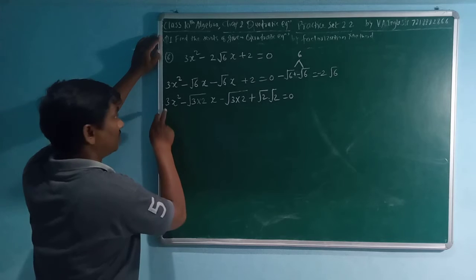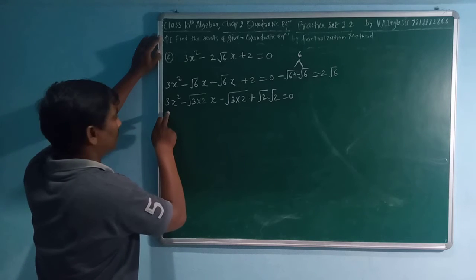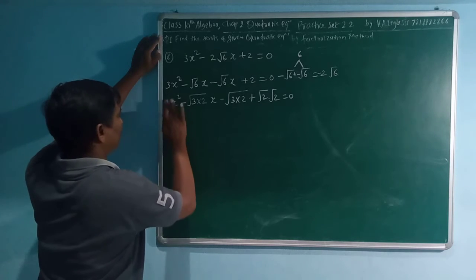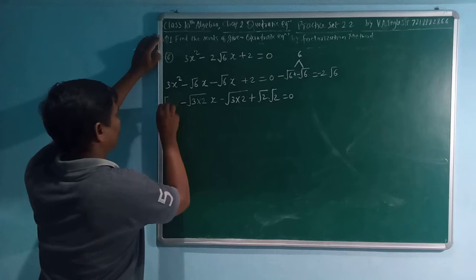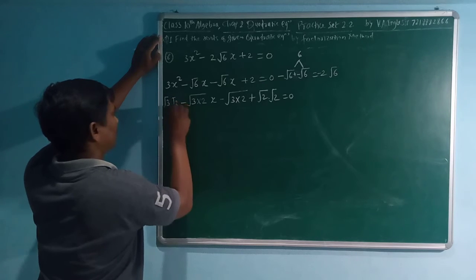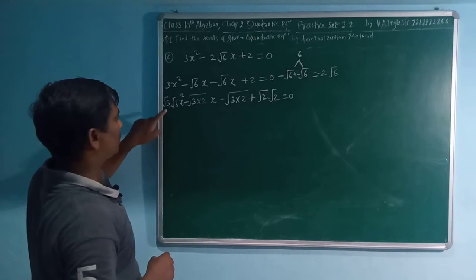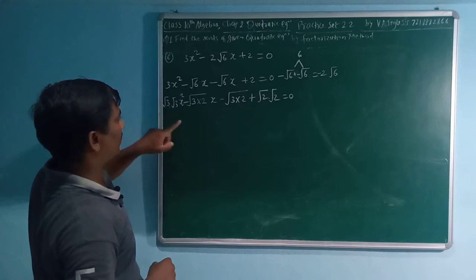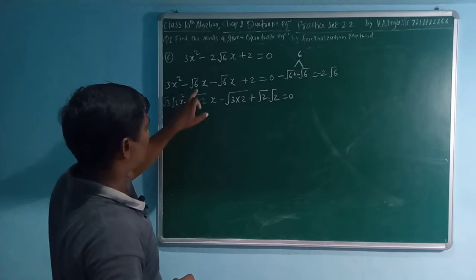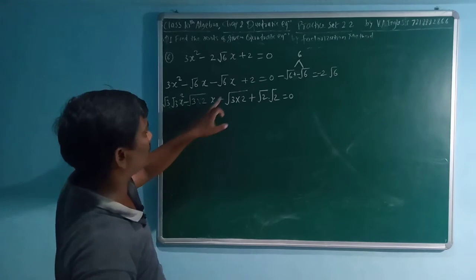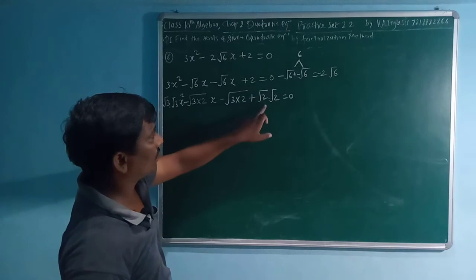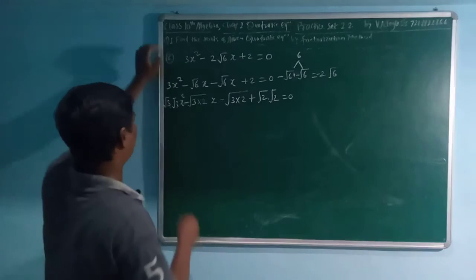You can also write this 3 as root 3 into root 3 x square. Understood? Factor of 3 is root 3 into root 3. Root 6 is root 3 into root 2. Here also 2 can be written as root 2 into root 2.